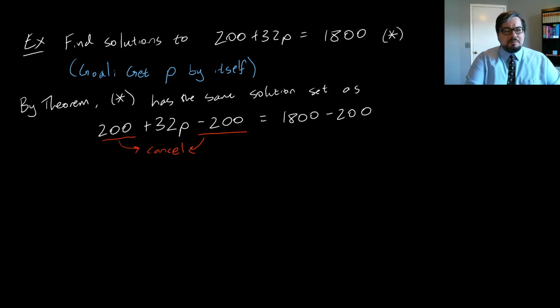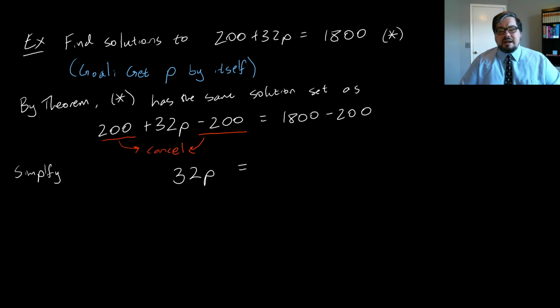And when we simplify the two sides of this equation, when I have 200 plus 32p minus 200, the 200 and the negative 200 cancel out, and the left-hand side of this equation just becomes 32p. And the right-hand side, well, 1800 minus 200 is 1600.